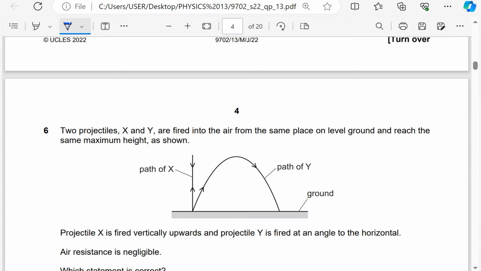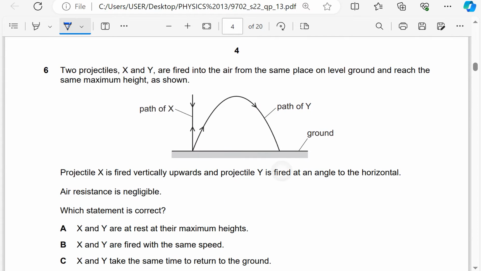Two projectiles X and Y are fired into the air from the same place on level ground and reach the same maximum height as shown. Projectile X is fired vertically upwards and projectile Y is fired at an angle to the horizontal.